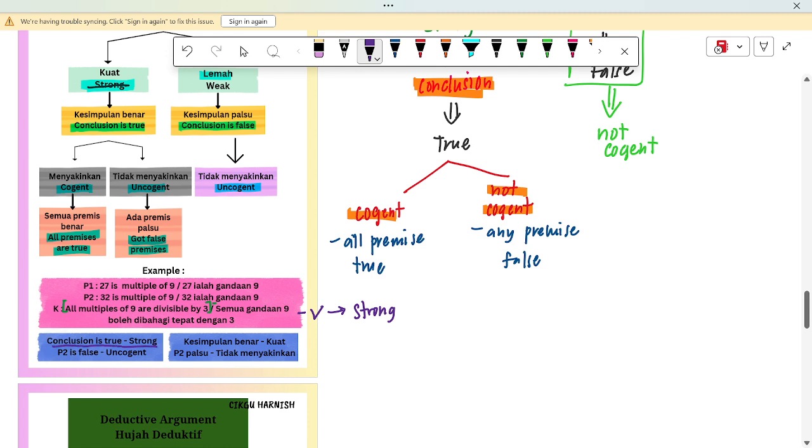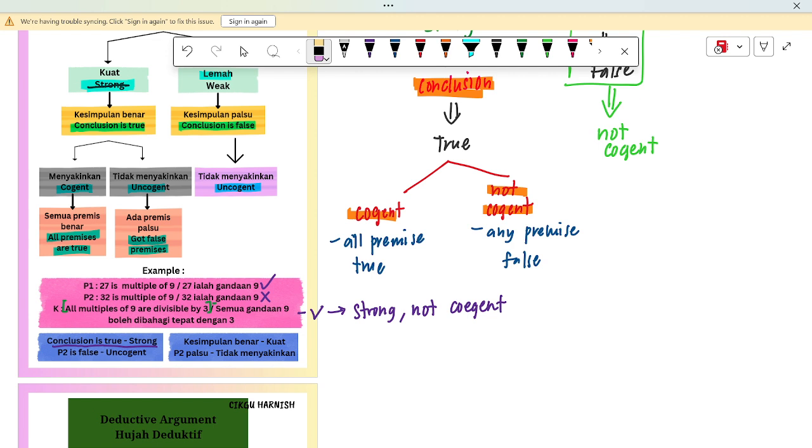Next, let's check our premise 1 and 2. 27 is a multiple of 9, yes, correct. 32 is a multiple of 9, wrong. So premise 1 is true, premise 2 is false. One of the premises is already false, so it will become not cogent, or uncogent. So due to premise 2 being false, it is not cogent. So your final answer is strong but not cogent. If they ask you to explain why it is not cogent, you can specify premise 2 is false.